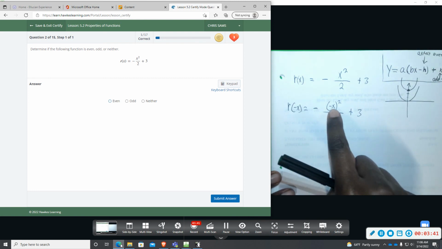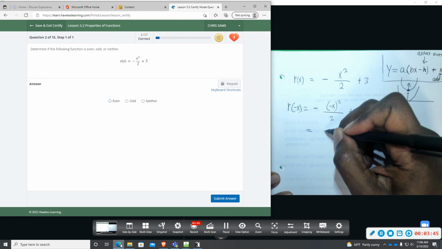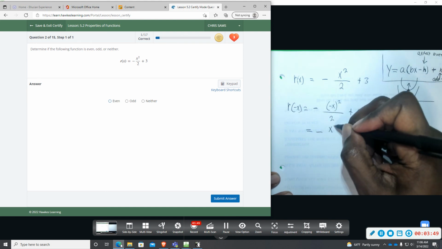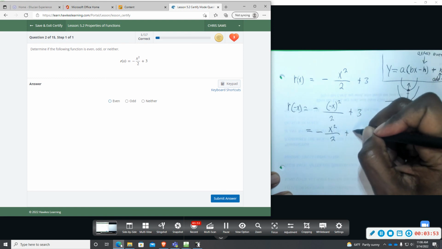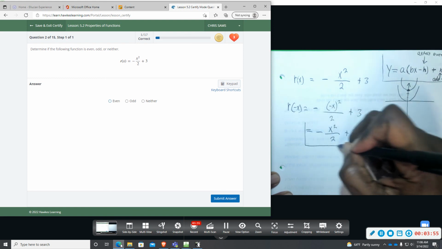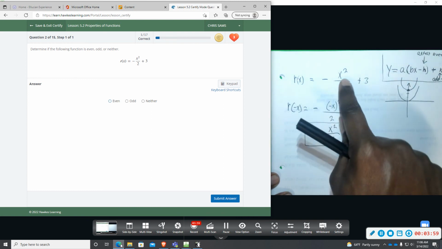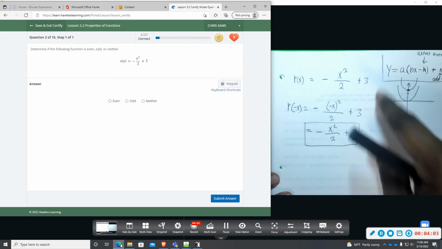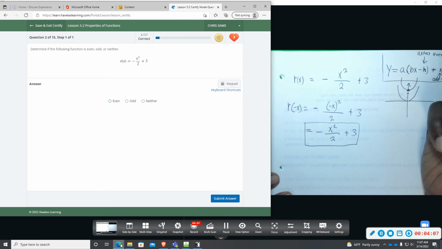So that negative is going to get squared, which is going to let it remain positive, so that negative outside is not affected. This will become positive. That will still be 2, and then plus 3. So now if you look at this equation with algebra, it looks exactly like the same thing. Even after I plugged in the negative, I simplified it exactly the same. So these two are the same, means even.